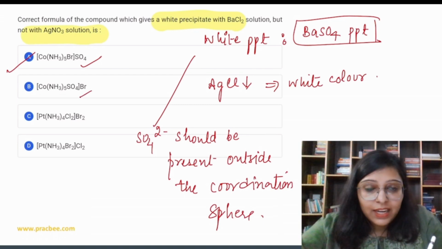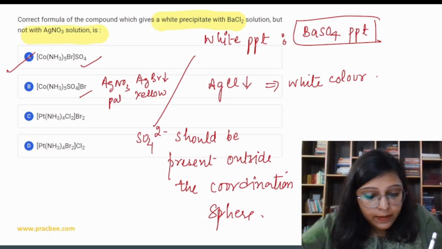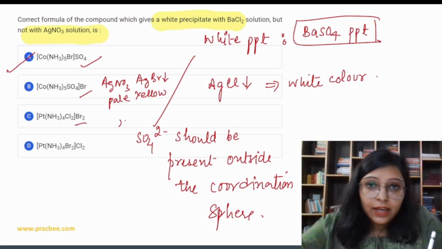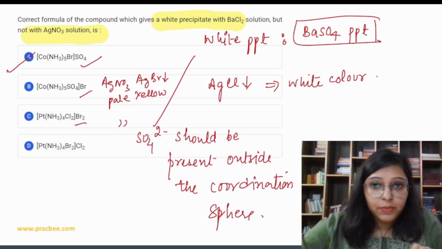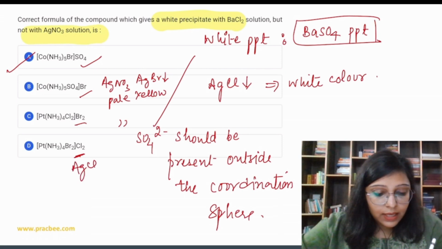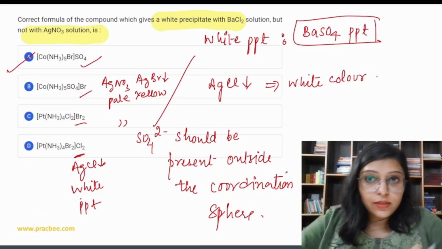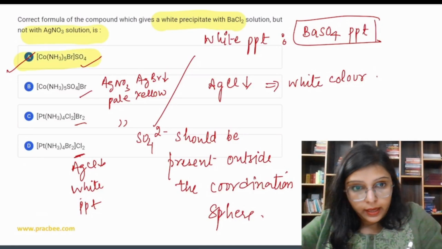Here Br is present, so with AgNO3 we get AgBr, a pale yellow precipitate. Here Br is present, again we get AgBr yellow precipitate. Here Cl is present, so we get AgCl white precipitate. So the answer is option A.